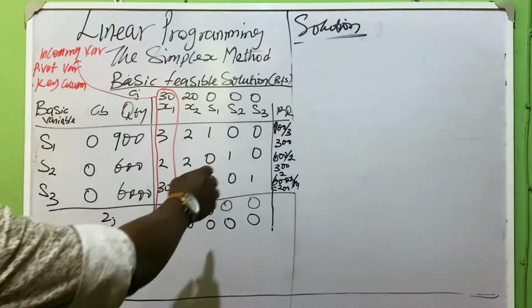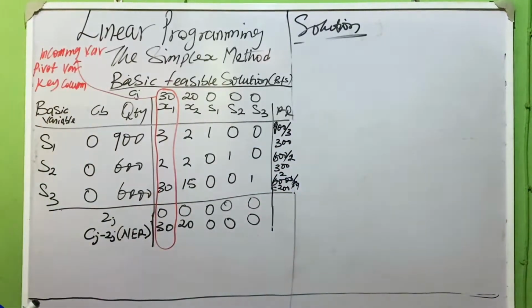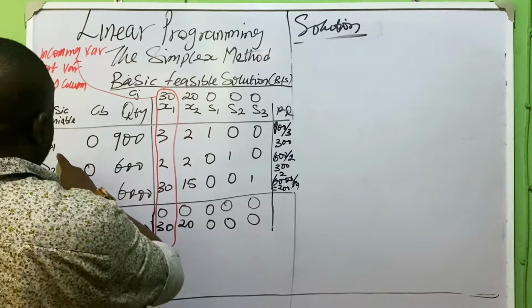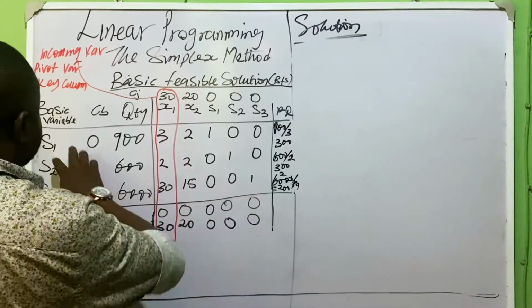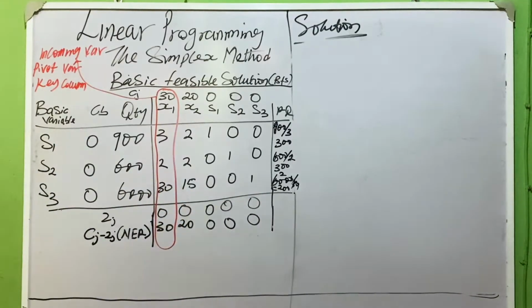So we have 300, 300, 200. And the rule is that any variable in the basis that has the least non-negative replacement quantity will be the one to leave our basis.